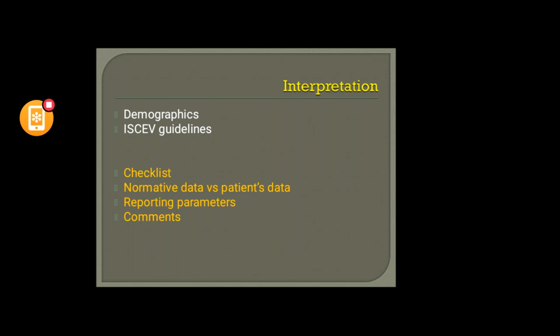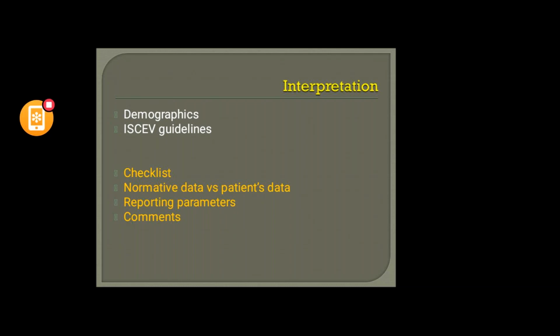Then at the very last, you have to note down the reporting parameters, and finally give your own comment. So this is a pretty natural checklist or interpretation format for all types of electrophysiological tests, no matter what type of test you are doing. It could be ERG, it could be multifocal ERG, it could be EOG, it could even be VEP.